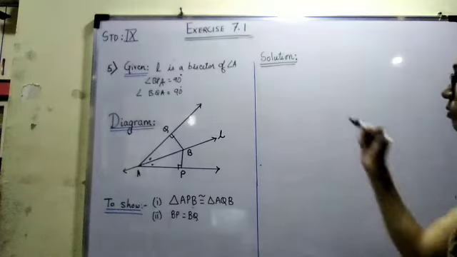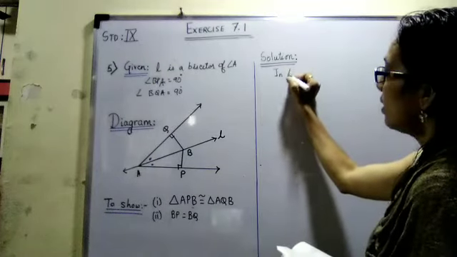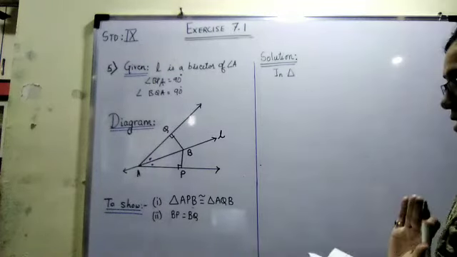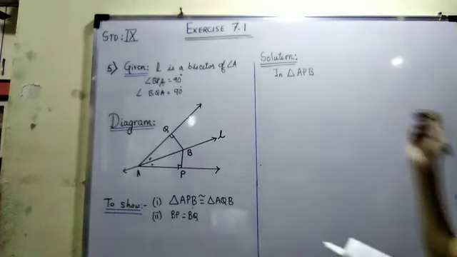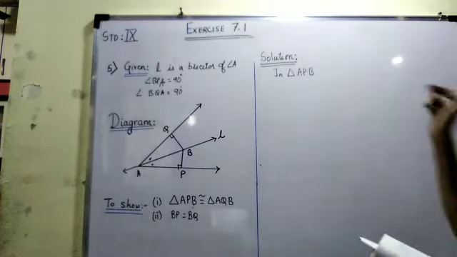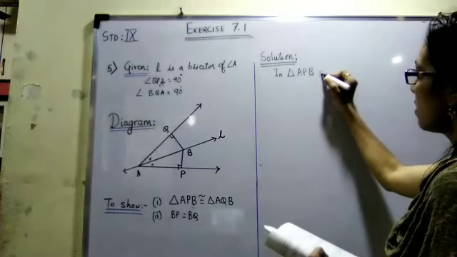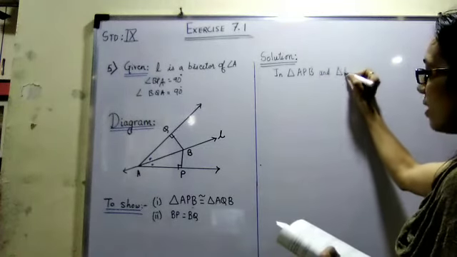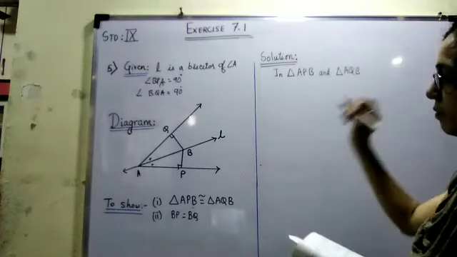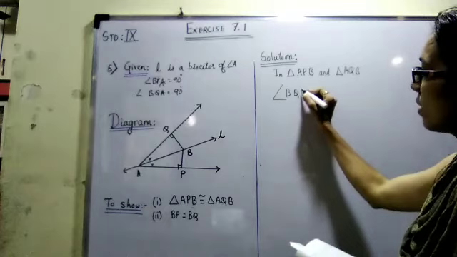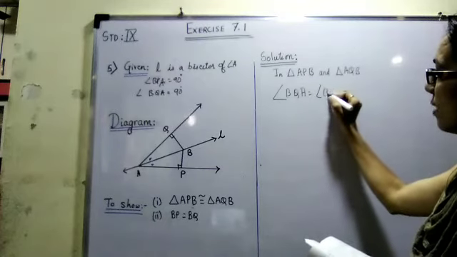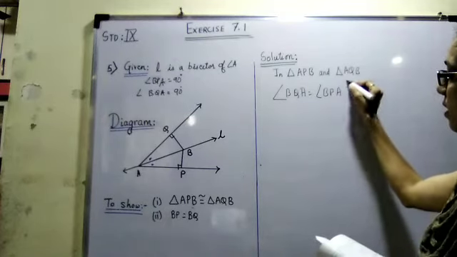So let us write down in triangle APB and triangle AQB, angle BQA is equal to angle BPA.